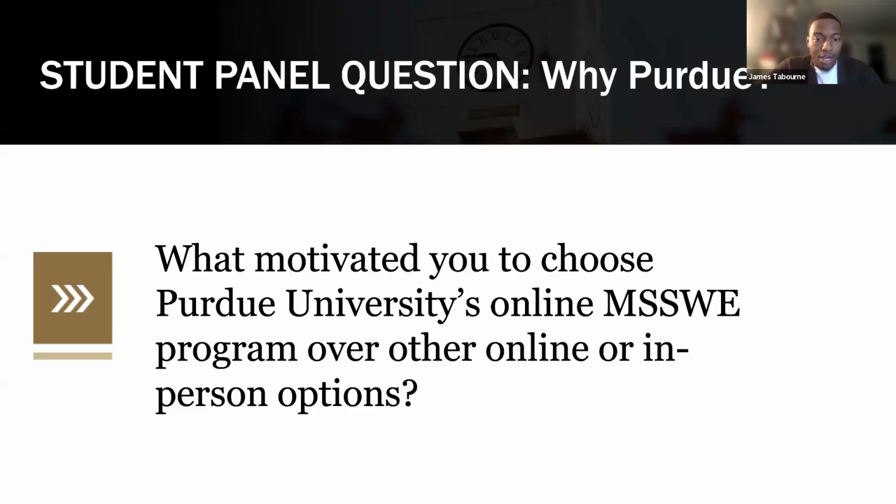When I was looking into the program, fortunately, my job gave me a bunch of options of programs I could look into. Georgia Tech has a really good software engineering master's program. I looked into that, as well as I think UT Austin. Those are all nice, but what made Purdue stand out for me was that you guys are rated pretty high up there for graduate online programs for engineering.